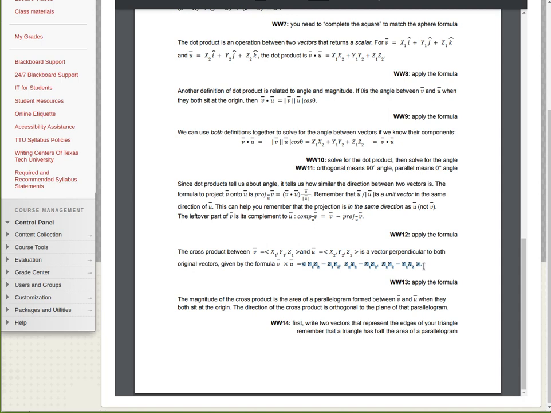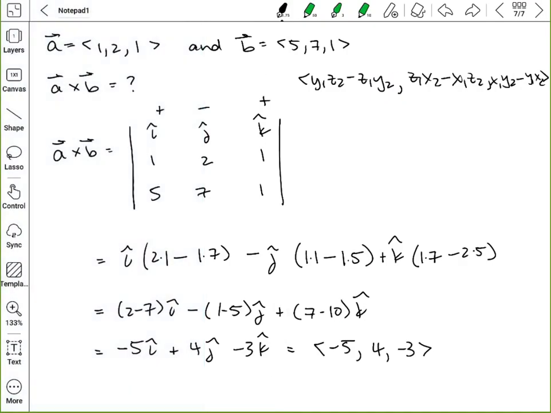y1 z2 minus z1 y2, comma, z1 x2 minus x1 z2, comma, x1 y2 minus y1 x2. Okay. So I just crammed that formula right there. So I can also do that.